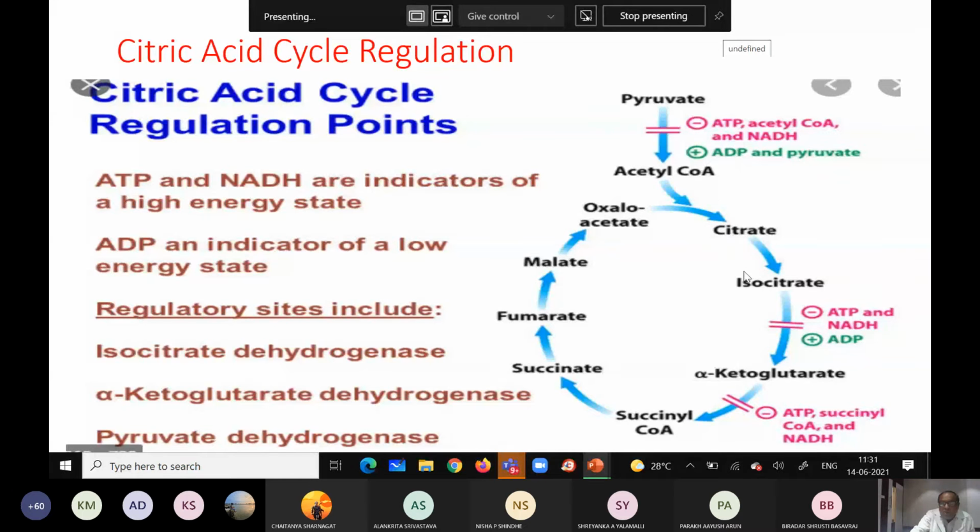The second one is at the enzyme isocitrate dehydrogenase. Here also the checking will be done to regulate the citric acid cycle. The third one is alpha ketoglutarate dehydrogenase, where regulation will be done. And finally pyruvate dehydrogenase also, that I will show in the next slides.